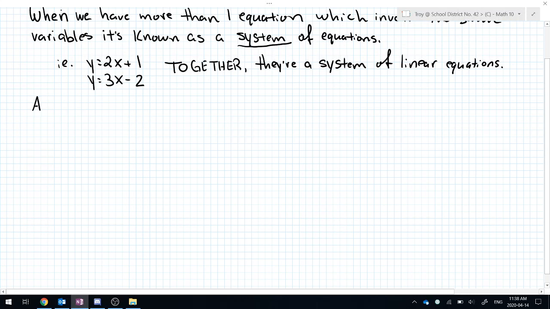So a solution to a system are values for each variable that are in the equations.